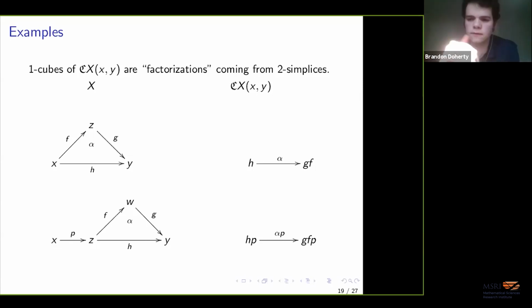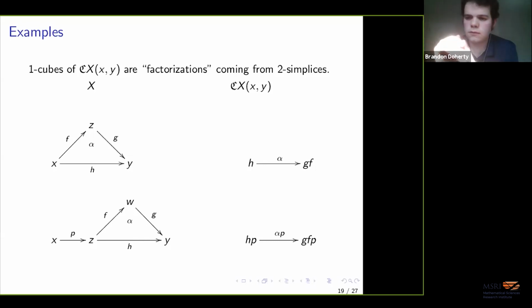Thinking of this in an infinity-categorical sense, we would think of that 2-simplex as witnessing h as a composite of g and f. And so when we translate that into an edge in a cubical mapping space of C x, what we get is an edge from the vertex corresponding to h to the vertex corresponding to the composite necklace f followed by g.